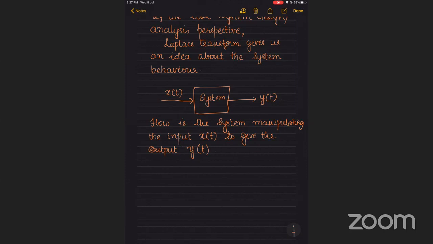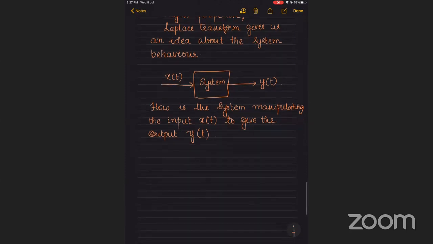The system consists of all the professors and administration who sit inside the college. So the question is, how does this system, which consists of teachers and administration, manipulate the input students, which is x of t, to get the output y of t, which is a set of engineers? That is what we look at. Is that clear? I hope this is clear.